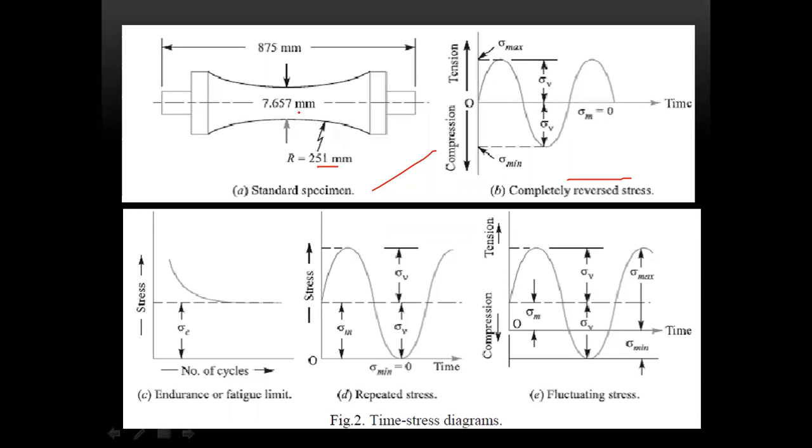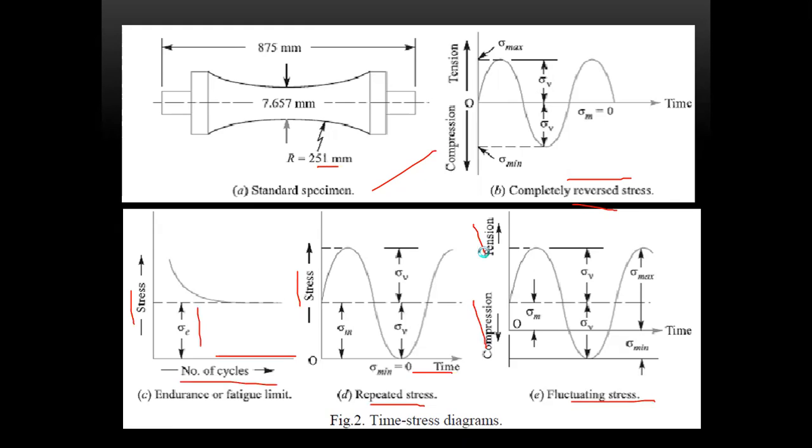For this, the completely reversed stress, you have an even type of stresses. Whereas coming to the endurance or fatigue limit, you have this type of stress versus number of cycles, number of cycles in this direction, stresses in this direction. Next, repeated stress, fluctuating stress, the compression and the tension.